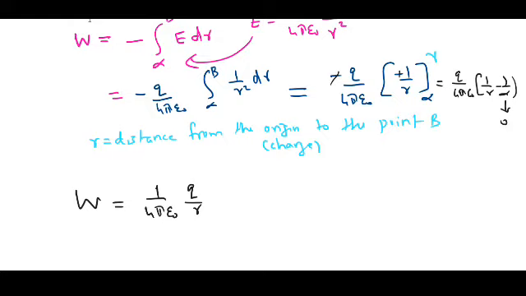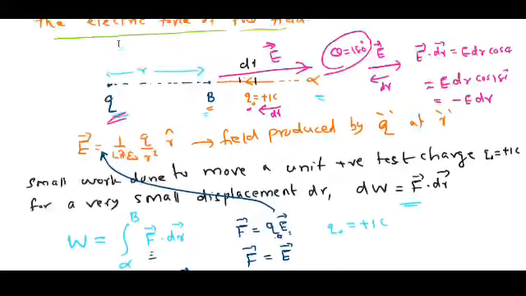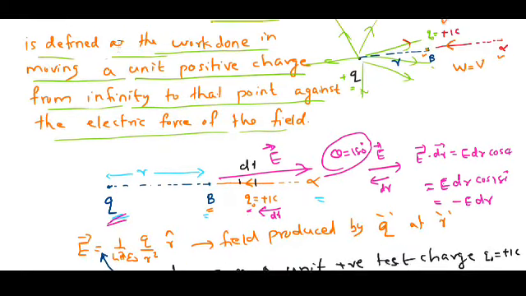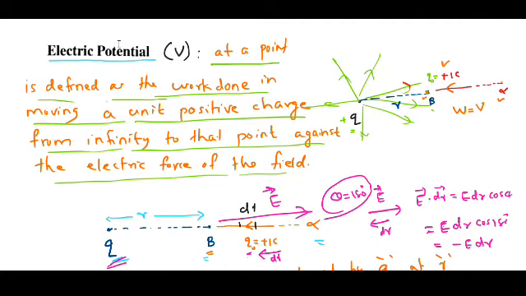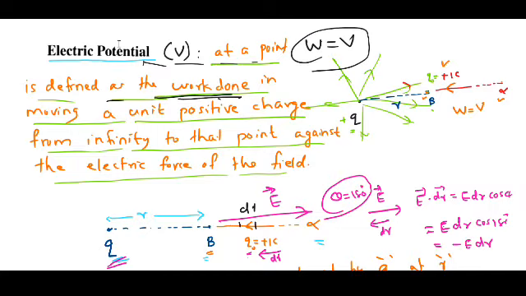This work done, according to our definition, the electric potential V at a point is defined as the work done in bringing a unit positive charge.